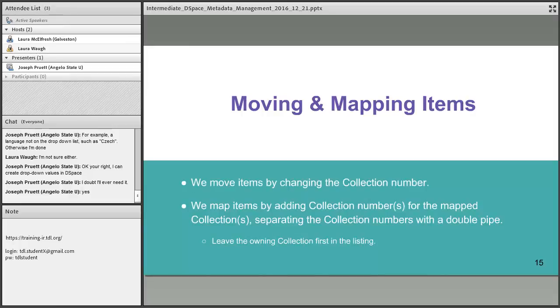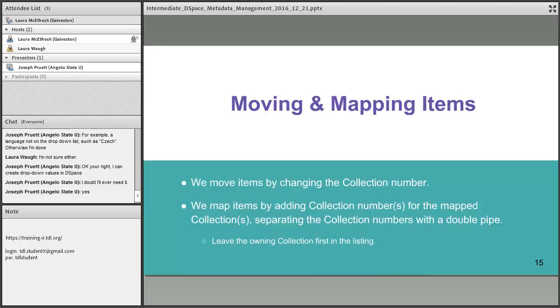That would probably be the simplest way to accomplish that. So just to wholesale move them, have no remnant of the item in the old collection, you just change the collection number.